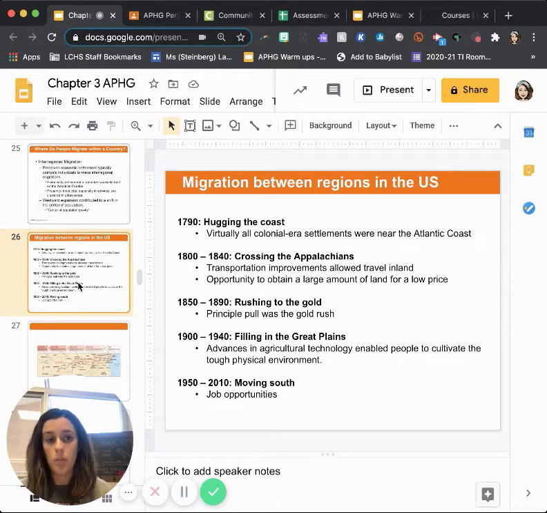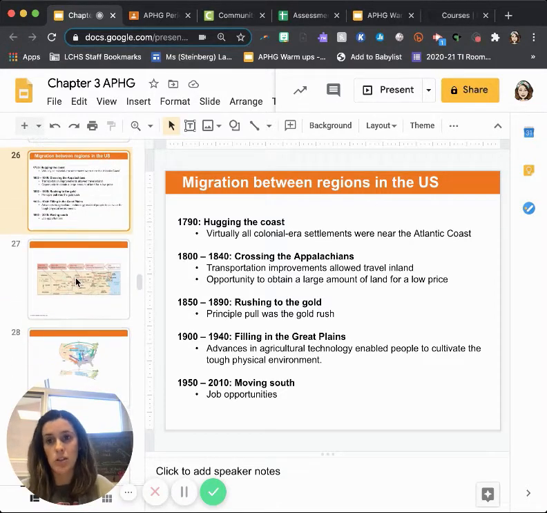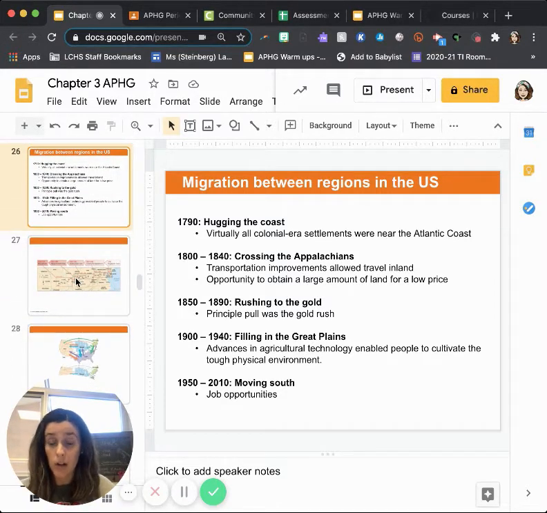Between 1850 and 1890, we see the gold rush being the principal pull westward. So we see people migrating all the way to the West Coast, California, in search of gold. Between 1900 and 1940, we see our population filling in the Great Plains region. Advances in agricultural technology enabled people to cultivate the tough physical environment, which made it possible for people to live in the Great Plains and to survive and earn income and grow food.